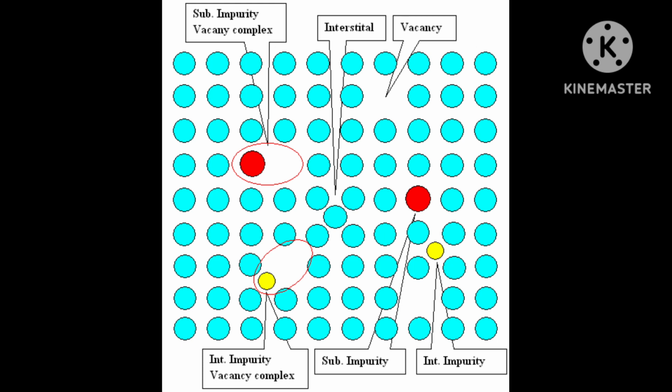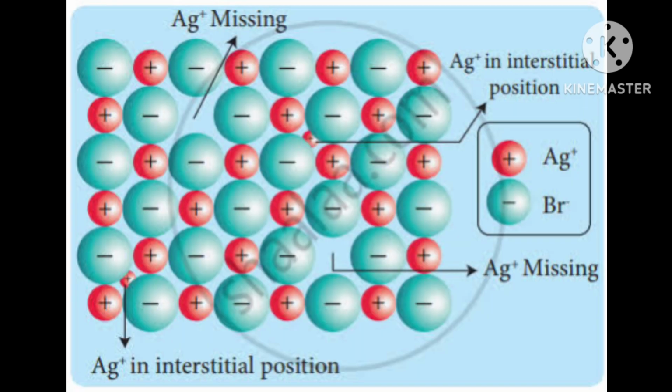Suppose two positively charged cations are dislocated from the crystal, and two anions are also dislocated. Then there is neutrality, because positive and negative charges are in equal number, so there will be no effect on charge. If cations and anions are dislocated in the same numbers, it will maintain electrical neutrality.